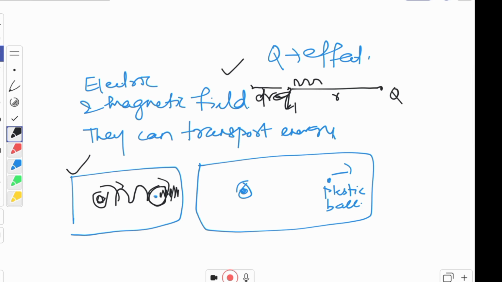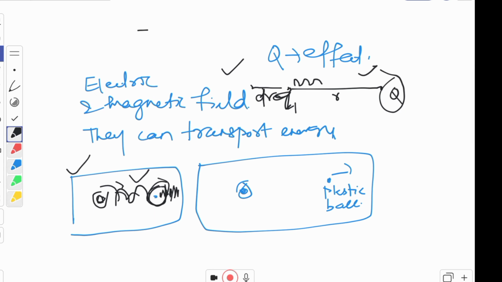Like how water is over here and the wave travels and disturbs the ball, similarly there is something over here due to which your wave propagates, and there is the change in effect experienced by the Q.